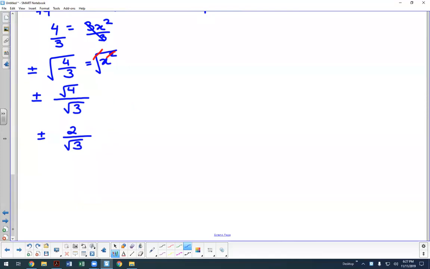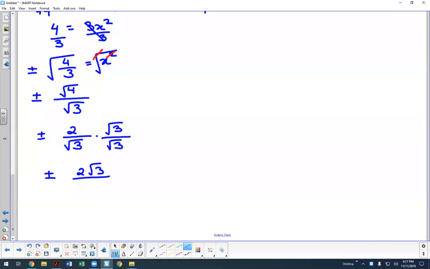But this is where the rules of algebra come into play. We cannot leave a radical in the denominator of our fraction, which means we need to rationalize our denominator. And since we're rationalizing a denominator, you have square root of 3 in the denominator, so multiply both the numerator and denominator by that value. And we end up getting 2 times square root of 3 on the top. And what is square root of 3 multiplied by square root of 3 on the denominator?